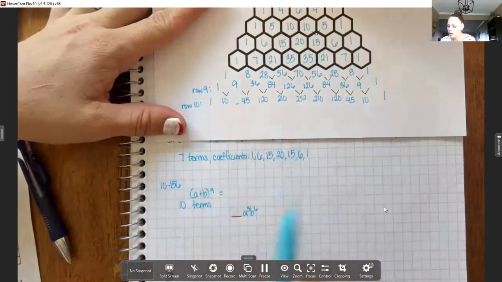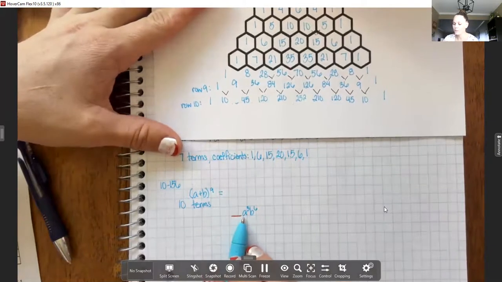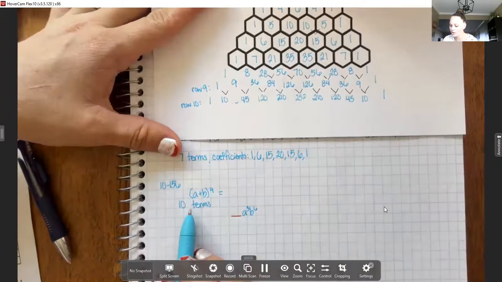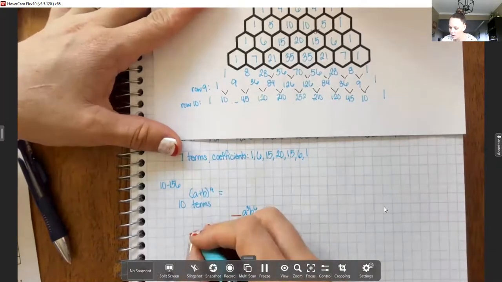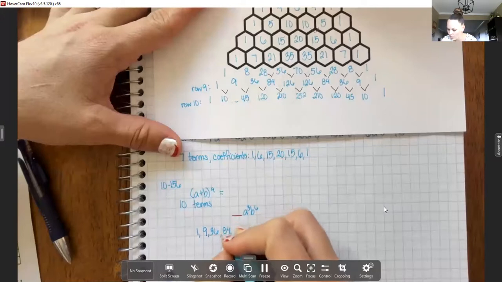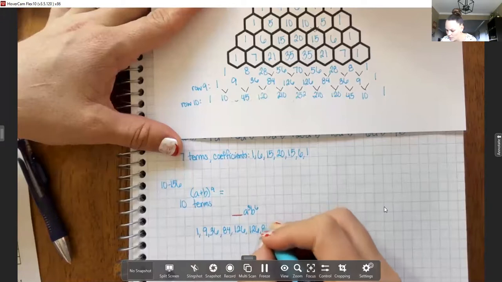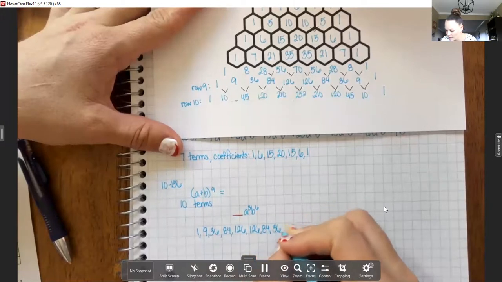So this a cubed b to the 6th, if we think about where it's going to be, we know the coefficients, if we wanted to list them, are going to be 1, 9, 36, 84, 126, 126, 84, 36, 9, and 1.